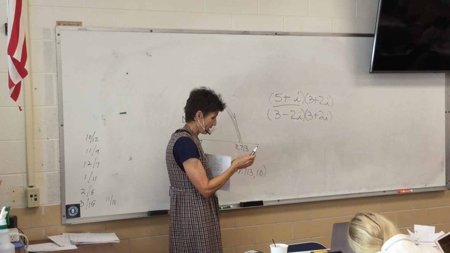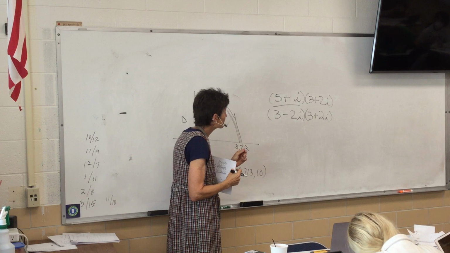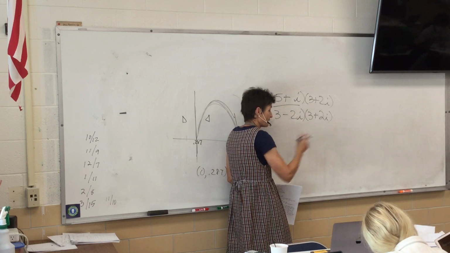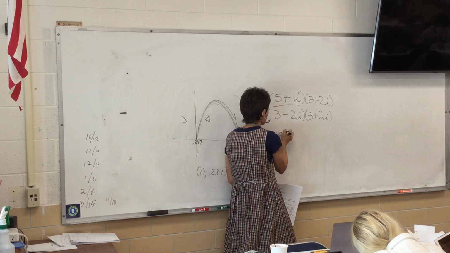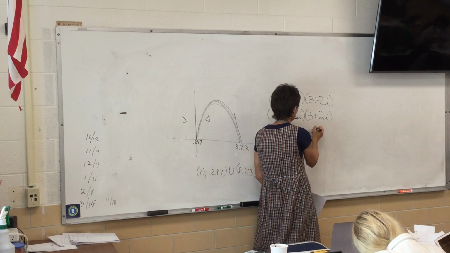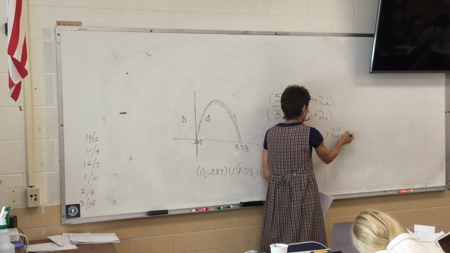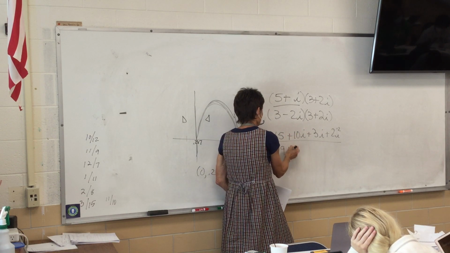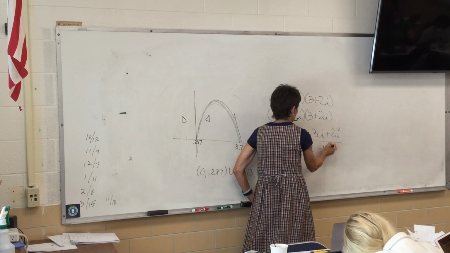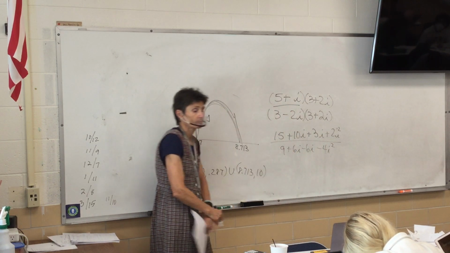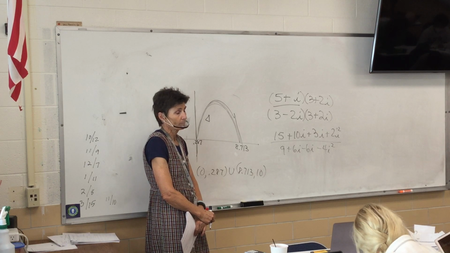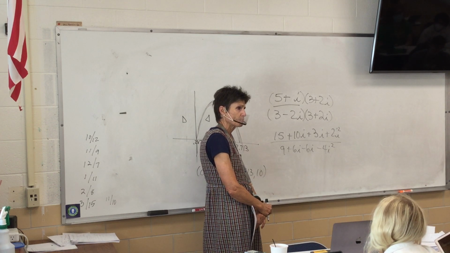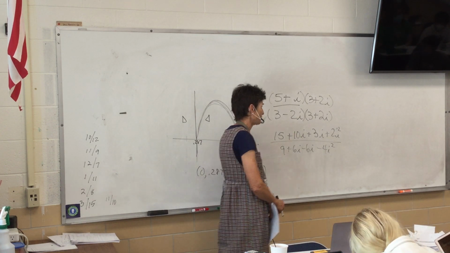All right, Ollie, what do we do now? Yep, we're going to start distributing. I call it foiling. It is distributing, that's the actual word for it. So 15, 10i, 3i, and 2i squared. Remember, when you multiply i and i, it's i squared, just like with x's. And the bottom, what do I have to remember? i squared is -1.